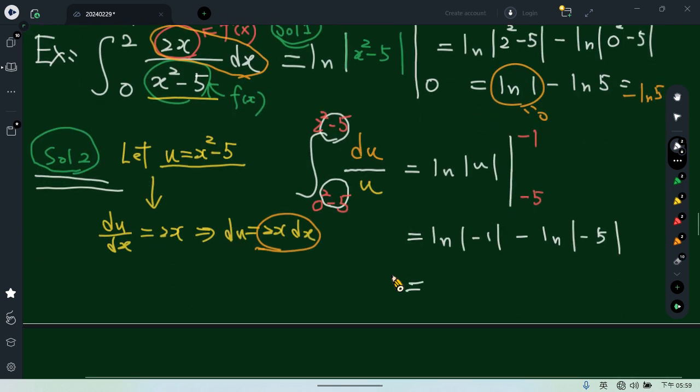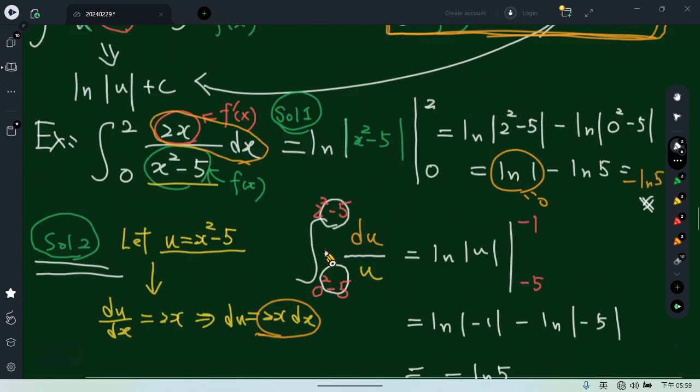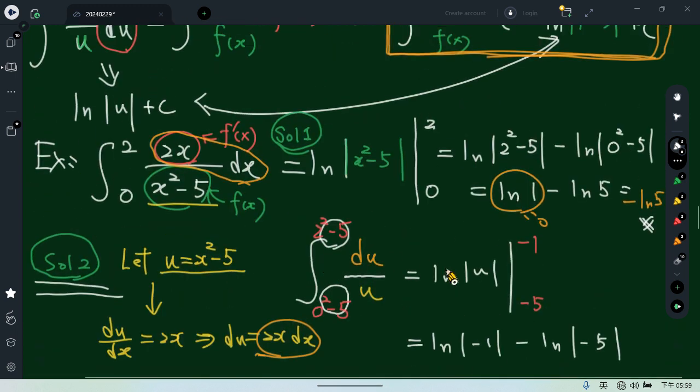Actually, this is also the same as this one, right? So there are two ways. In the beginning, if you can just find that the numerator and denominator have this relationship, f prime x over f of x, then you can immediately apply the rule.